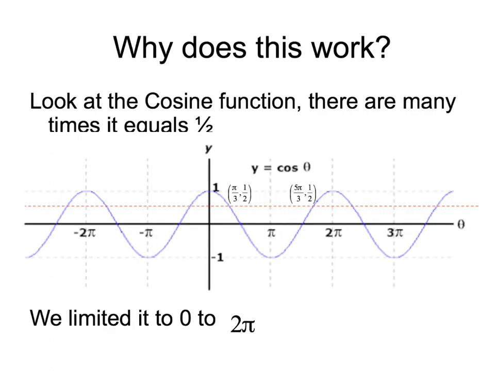So this slide here shows us not only the portion of the graph that we were focusing on with my quick sketch from 0 to 2 pi, but it shows the entire graph of cosine. And so if we wanted to find every single spot where we hit 1/2, we would be finding what's known as the general solution.